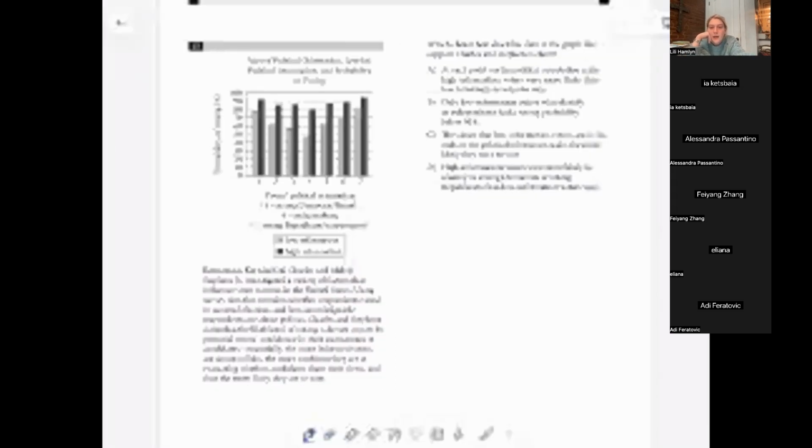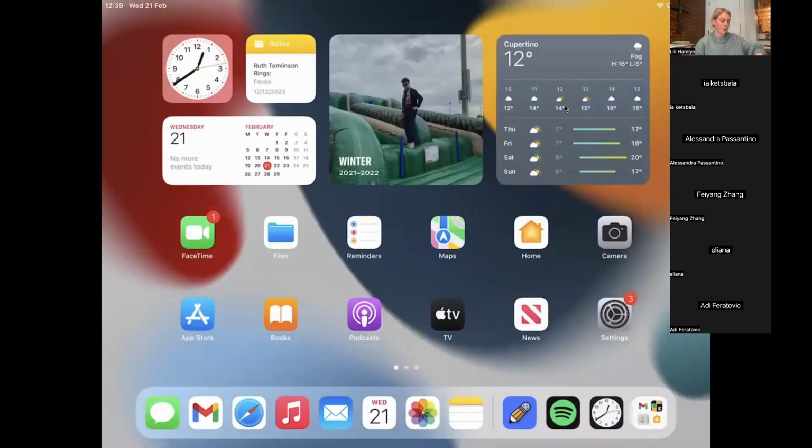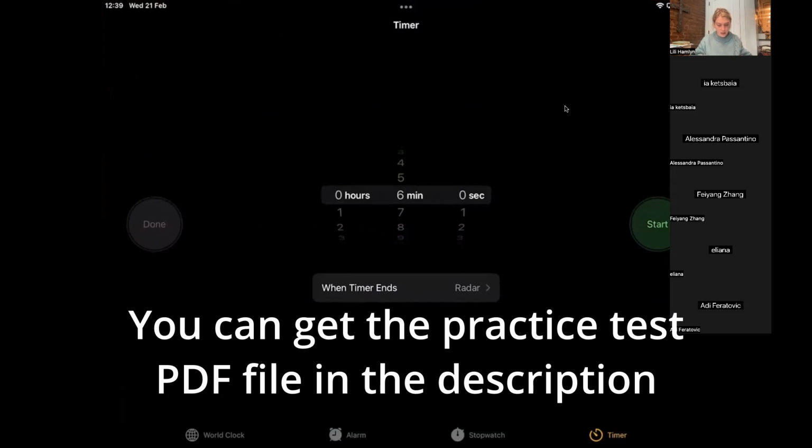I have way too many tabs open. All right, cool. Everyone else ready? Anyone need more time? Okay. I'll put the answers for the questions that we just did in the chat. But for now, here's 10, take 10 minutes, and it's questions 10 to 17.